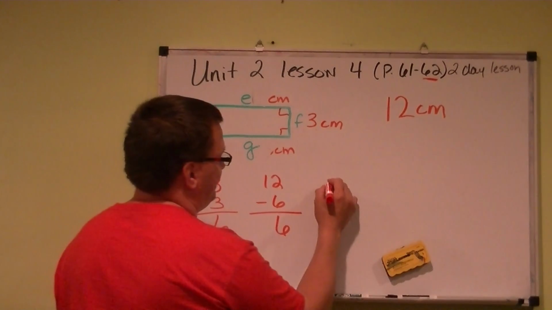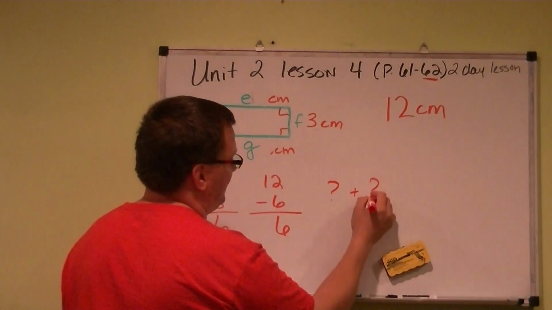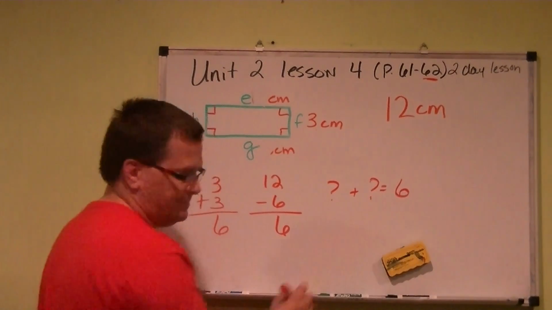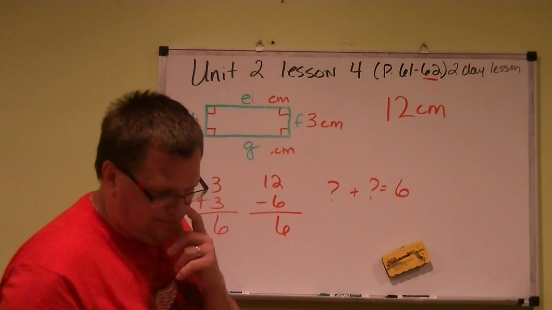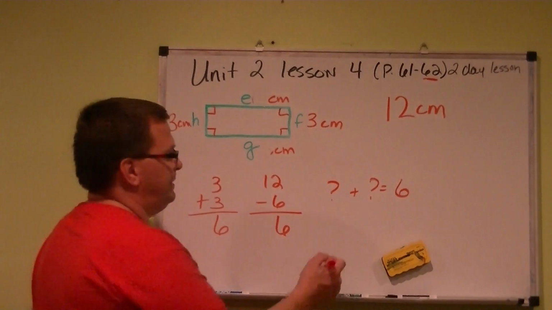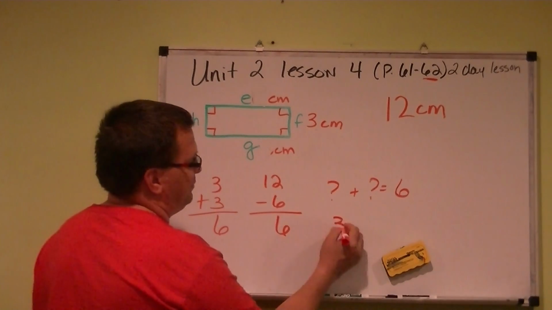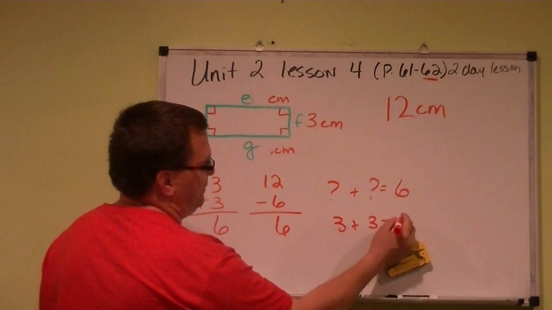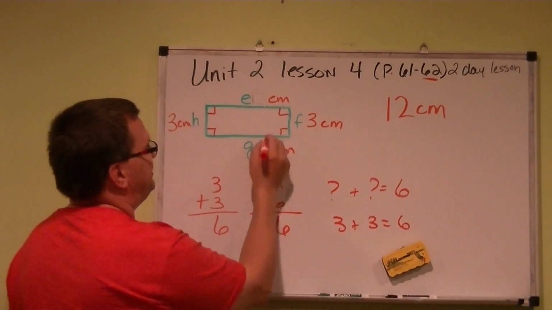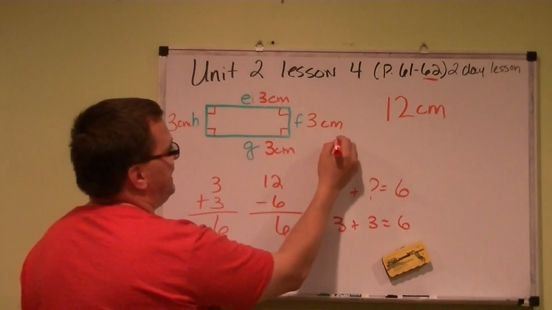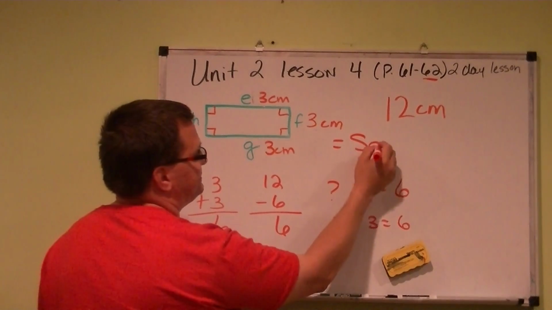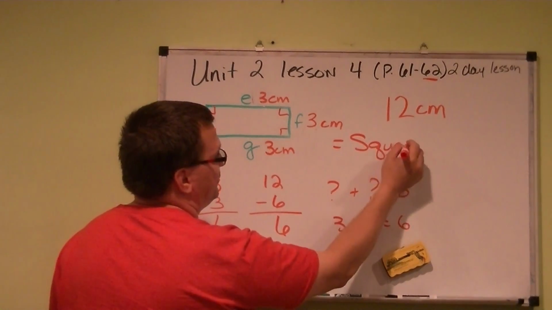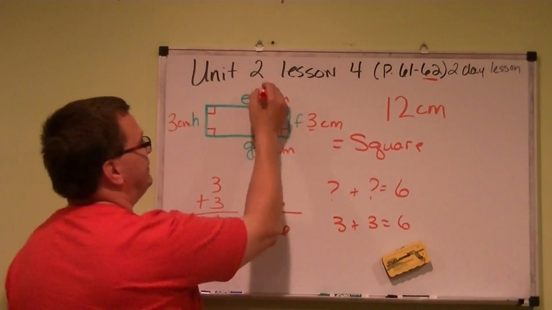So what plus what will equal 6? You have to think of that. And the answer would be 3. 3 plus 3 equals 6. And those would be 3's. Which would also mean that it is now a square. So all sides are equal.